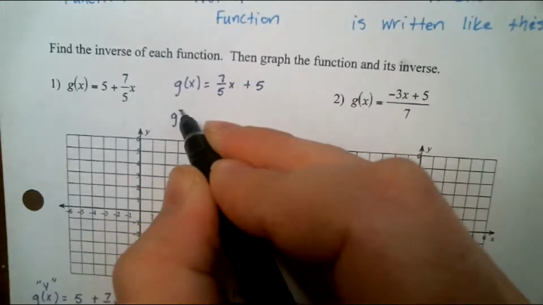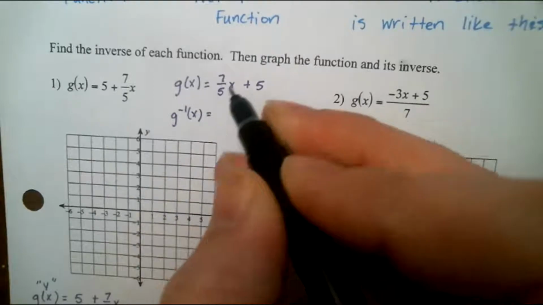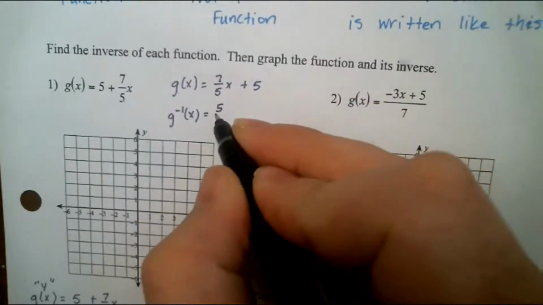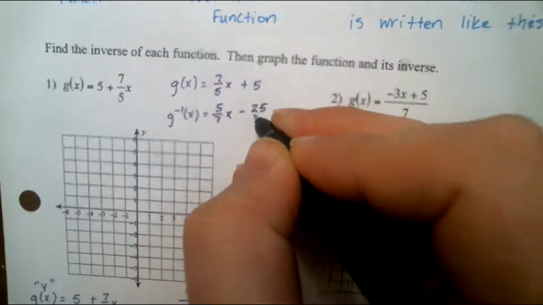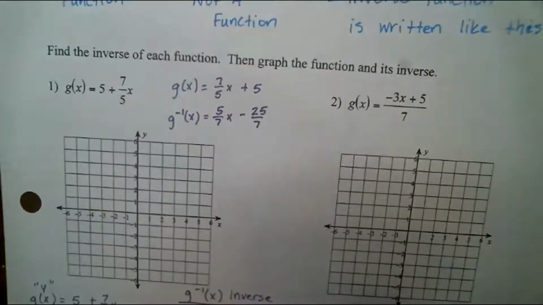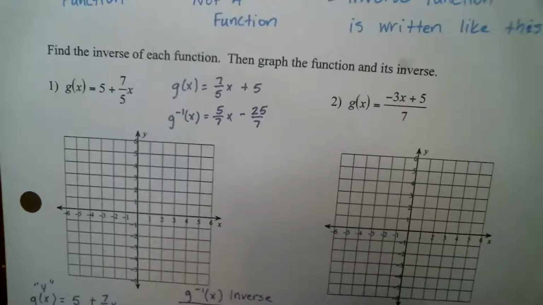And then my inverse is 5/7 x minus 25 over 7.